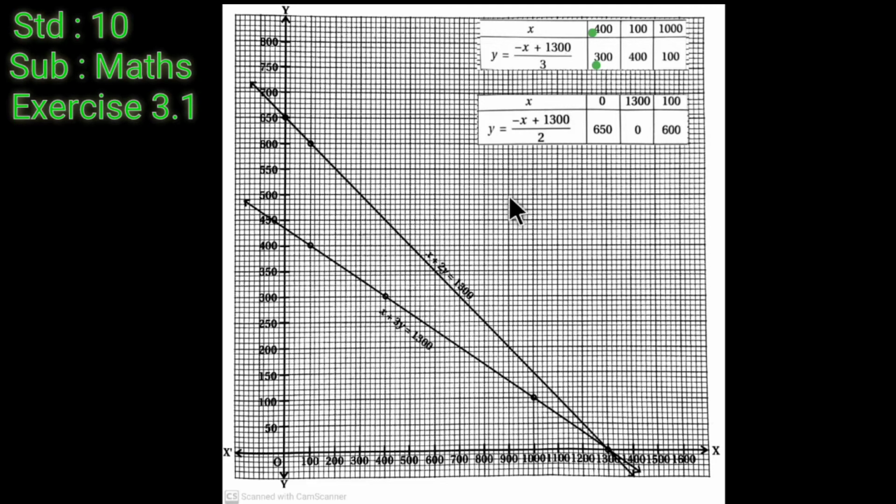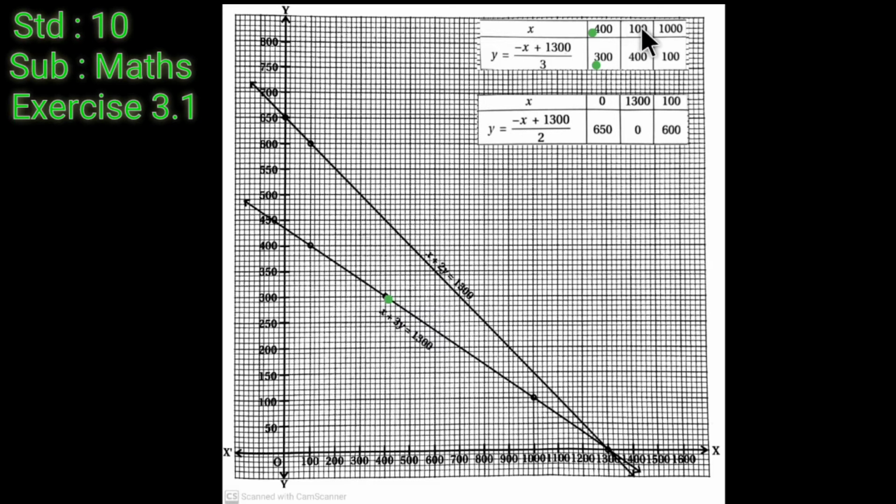Now see the table and draw on the graph: 400 on the x axis and 300 on the y axis. So the point is plotted here.